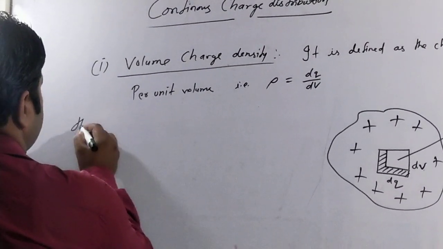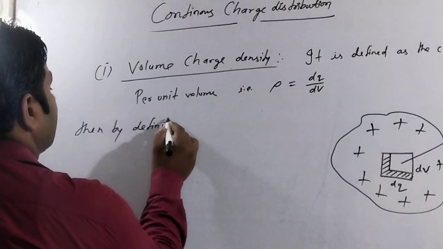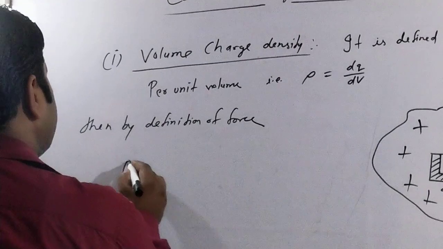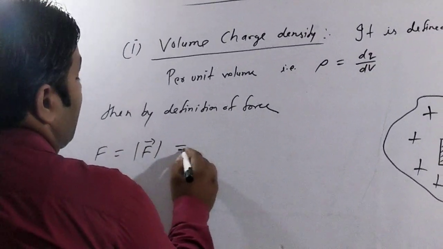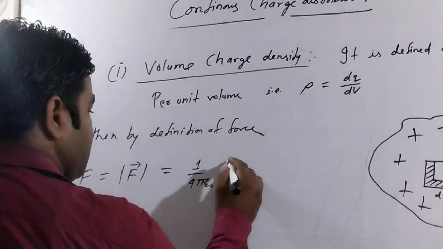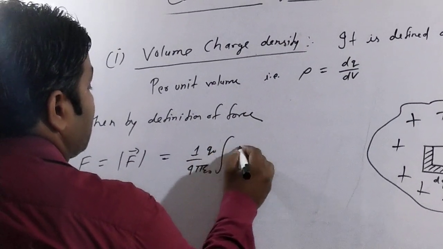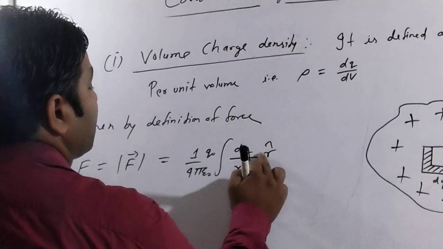Then by definition of force, F is equal to 1 upon 4 pi epsilon naught integration q naught dq upon r square r cap.